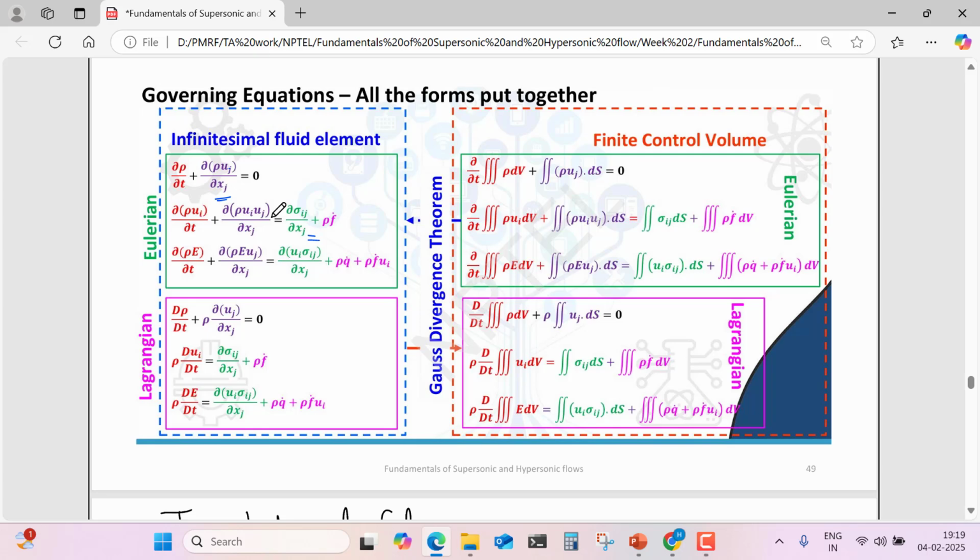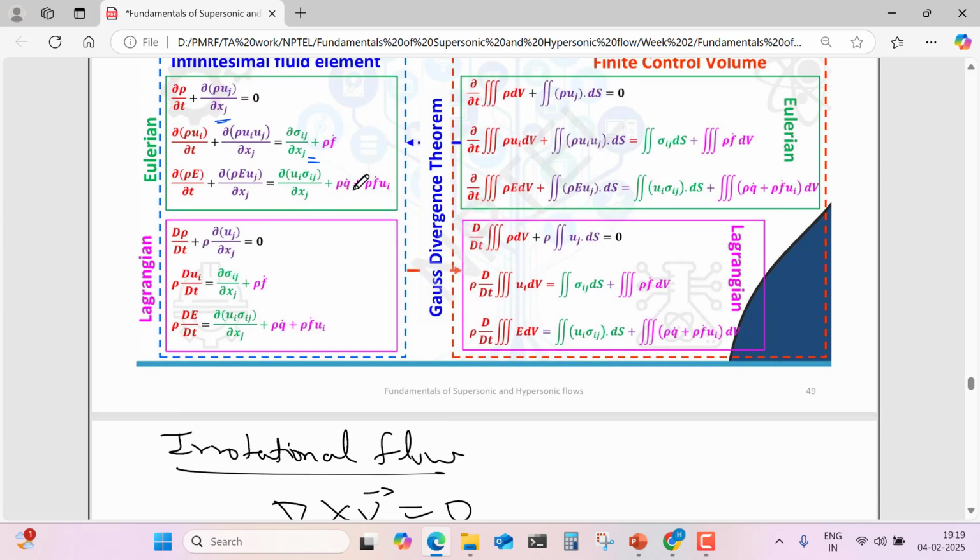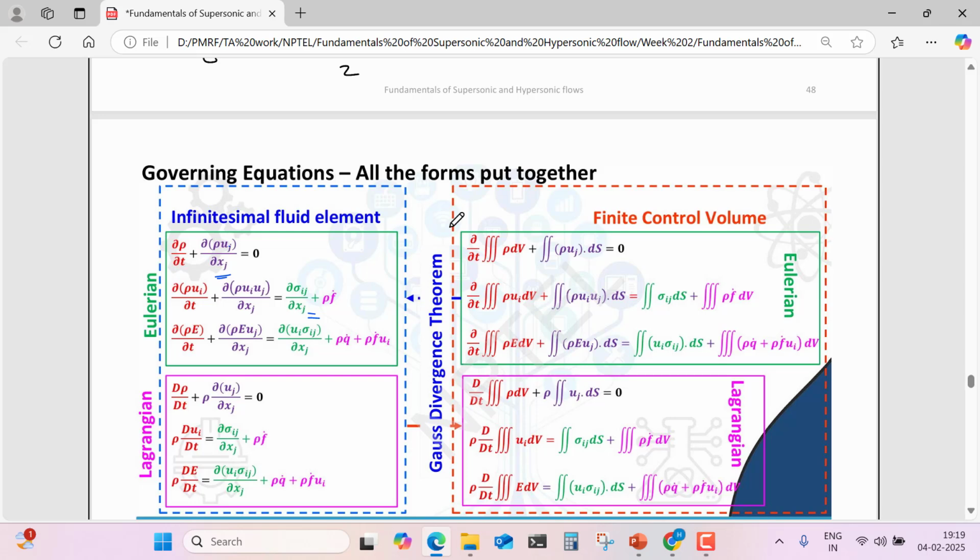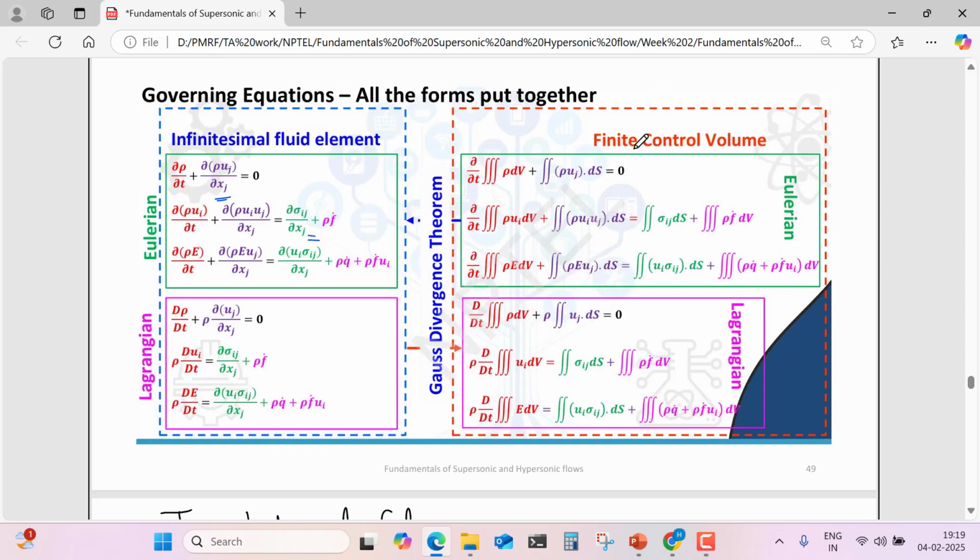In the third equation, all the indices are repeating. Similarly, the equations in integral form are also given. If we want to get from the integral form to this differential form, we have to use the Gauss divergence theorem.